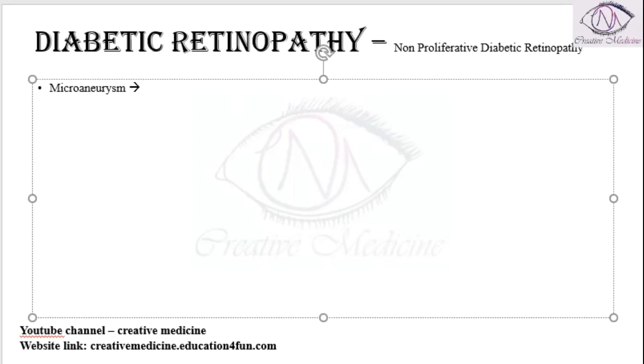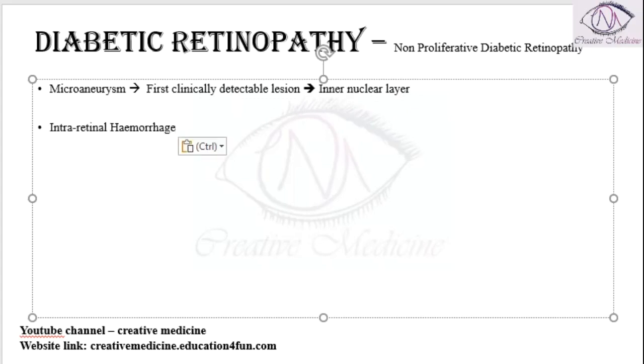These are actually the first detectable lesions of diabetic retinopathy, and these microaneurysms mainly occur in the inner nuclear layer. Then intraretinal hemorrhages can occur. These intraretinal hemorrhages can be of two types.